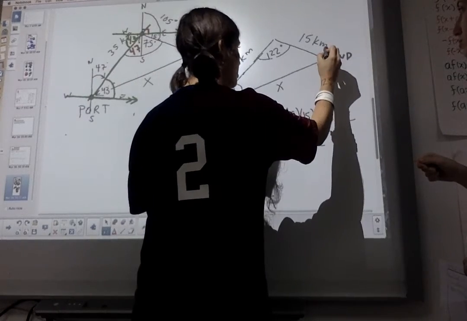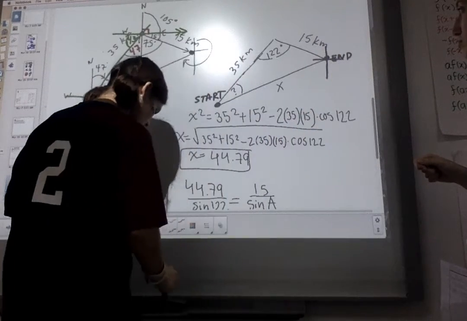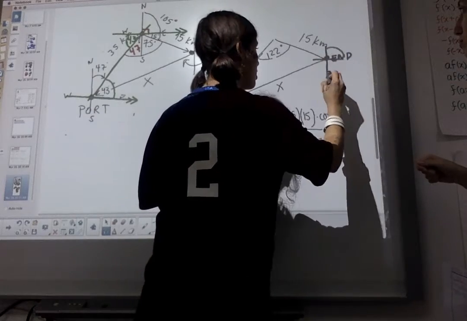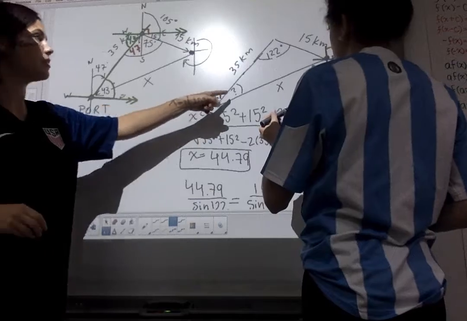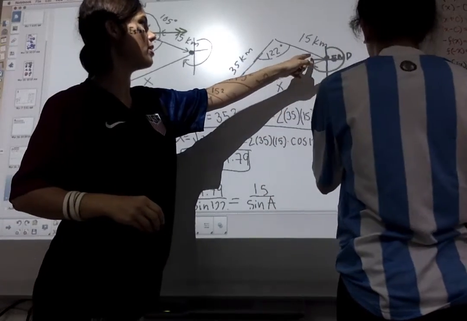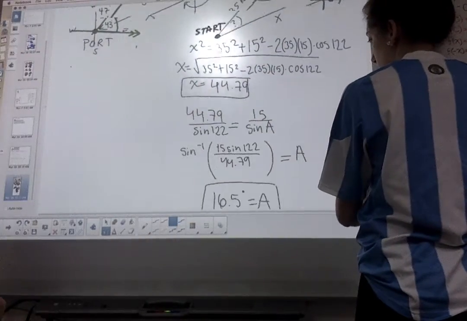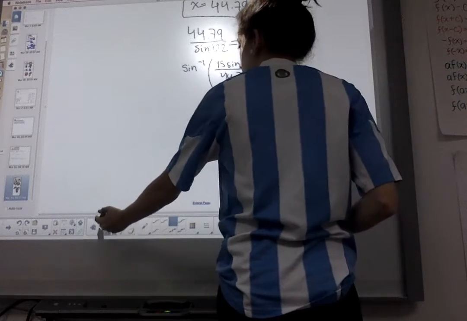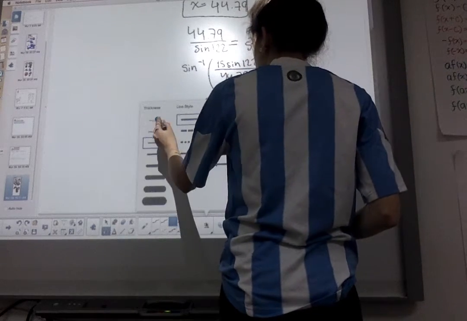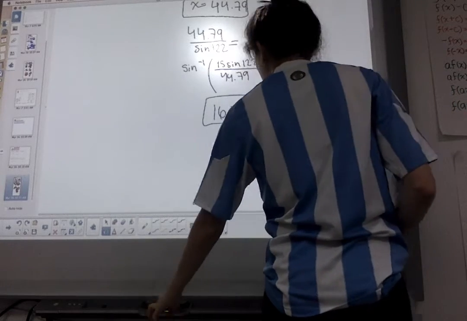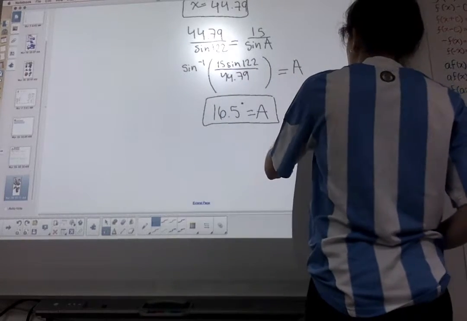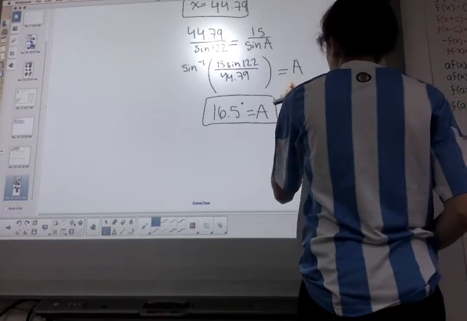Yeah. So you need this bearing here. So whatever that is, minus 180 gives you this. It gives you 41.5. Yeah, 41.5. That's what we wrote.